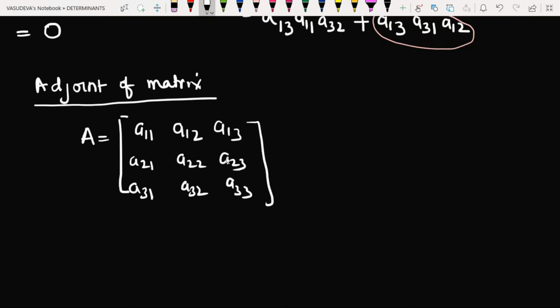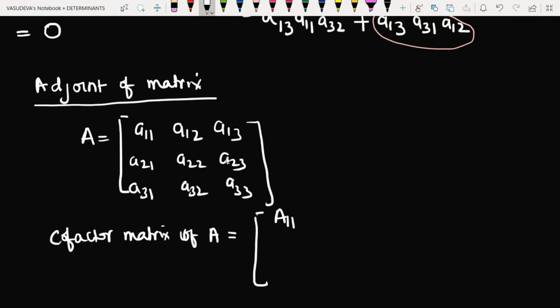Let's take the cofactor matrix of A, that is, the elements replaced by their cofactors. The cofactor of A11 is replaced by capital A11, and so on up to capital A33.